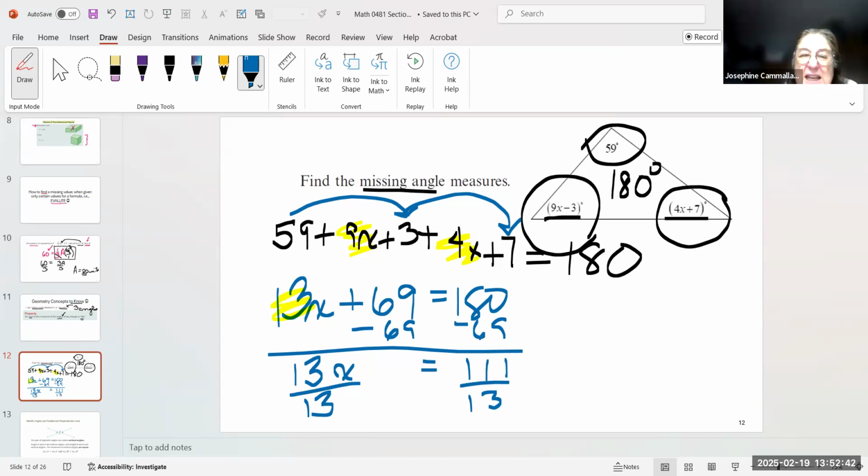Well, let's see. I have 9x, 4x, 59. Let's make sure I add them right. Well, if I take 111 and I divide it by 13, I'm going to get a fraction.